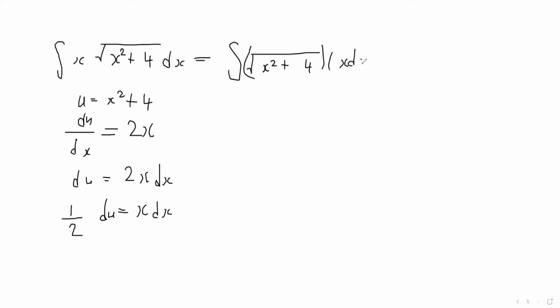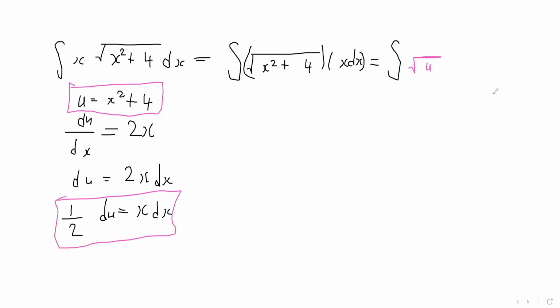This part right here, I can rewrite as half du. We substitute x squared plus 4 as u, so that is now the square root of u, and the x dx is a half du, so we replace it with a half du.